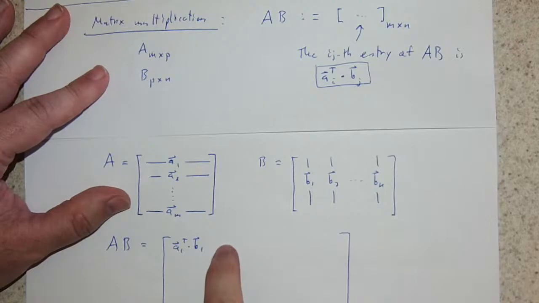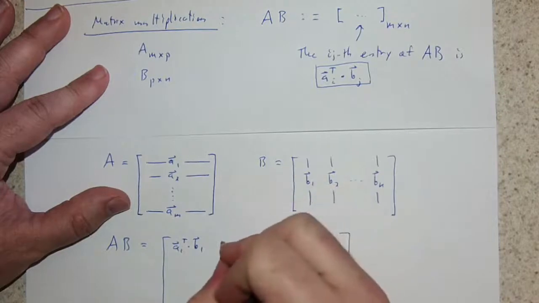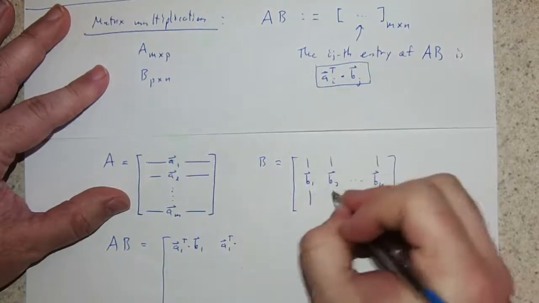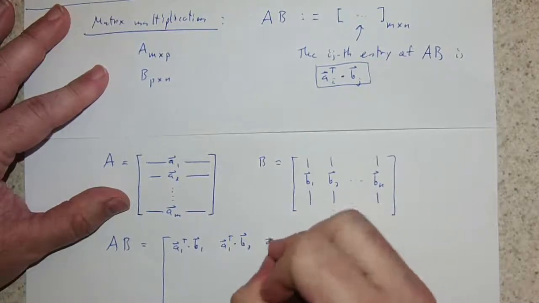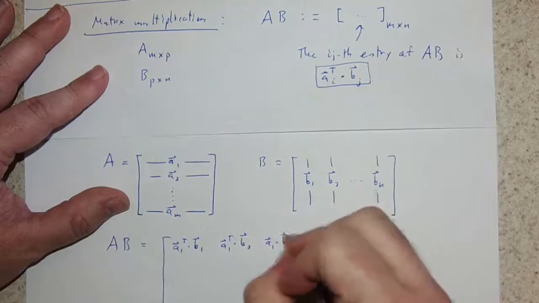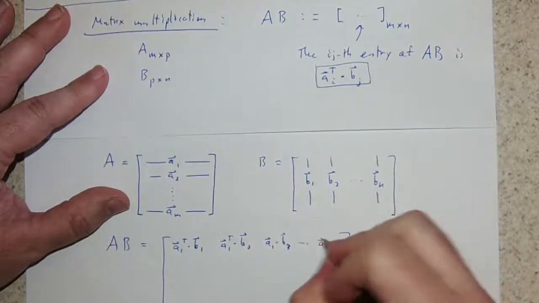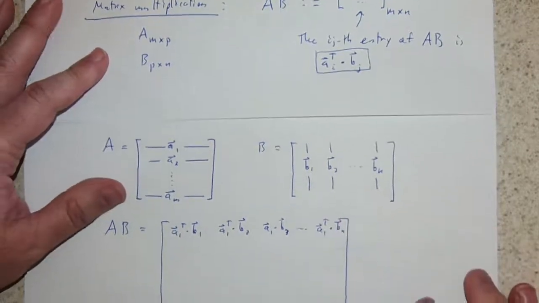If I'm looking at the entry in the first row, second column, I would take the first row of A, transpose it, and dot it with the second column of B. And I would continue doing that. First row of A dotted with the third column of B, and so on, all the way out to A1 transpose dotted with BN, right? And then I would do that here too.